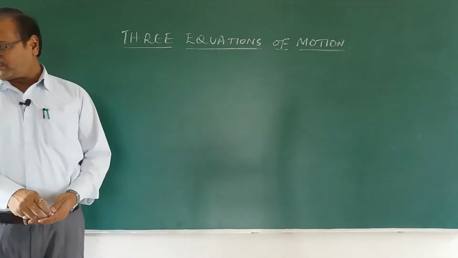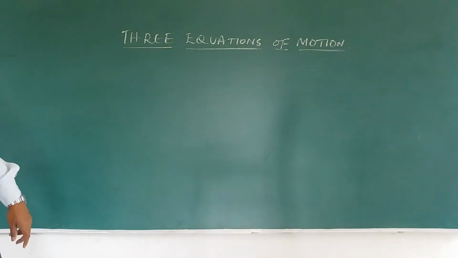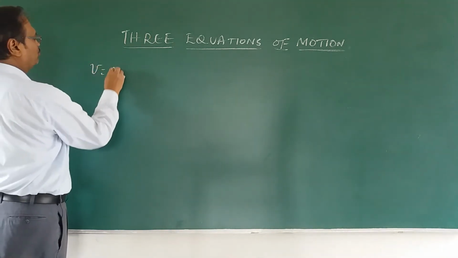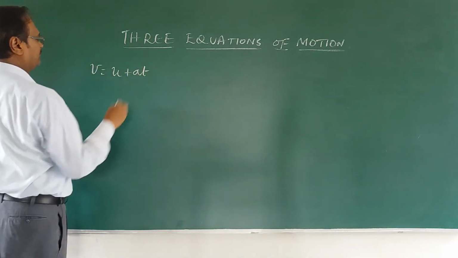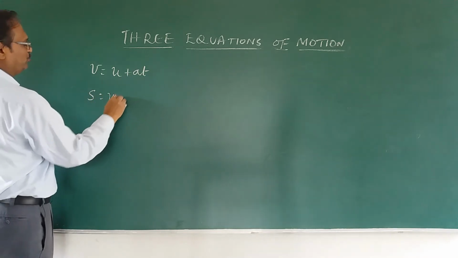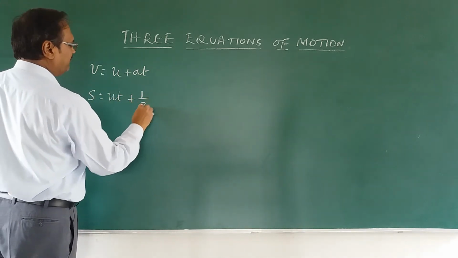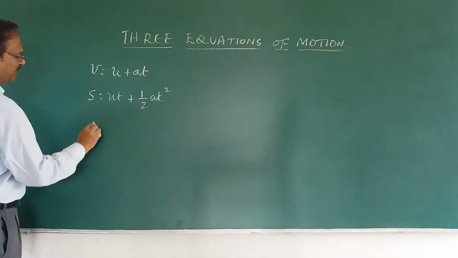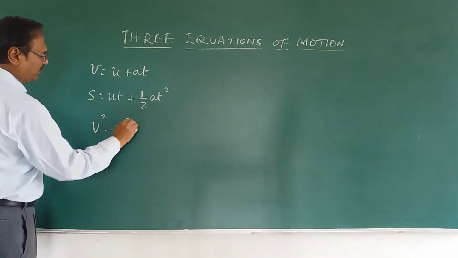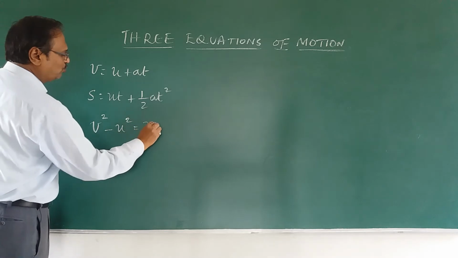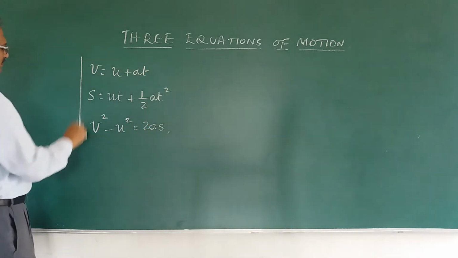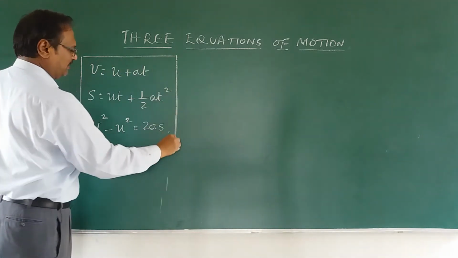First and foremost, let us say what the three equations of motion are. v is equal to u plus at. s is equal to ut plus half at square. Then v square minus u square is equal to 2as. These are called the three equations of motion.